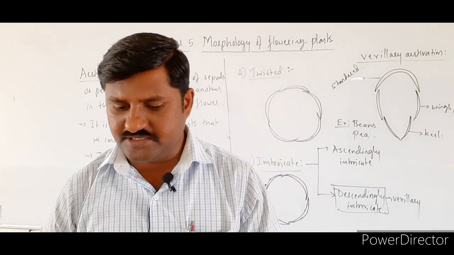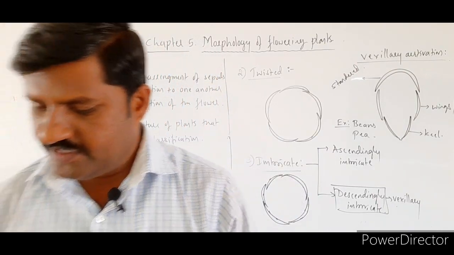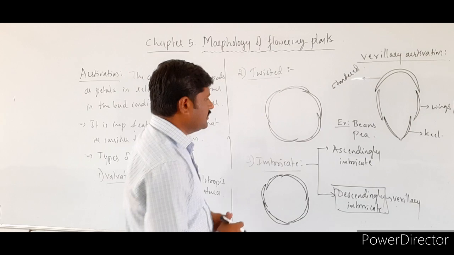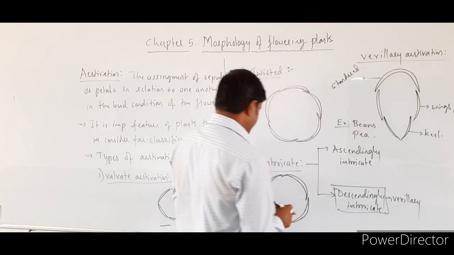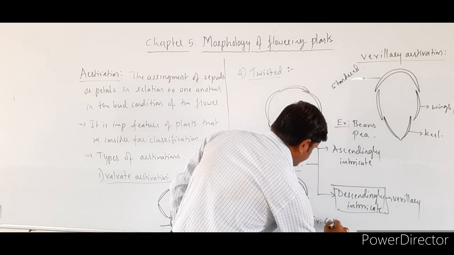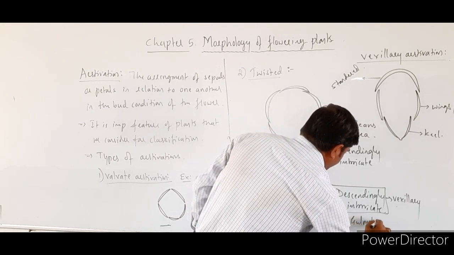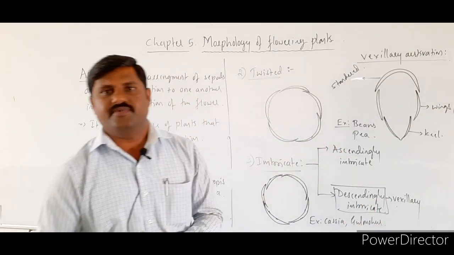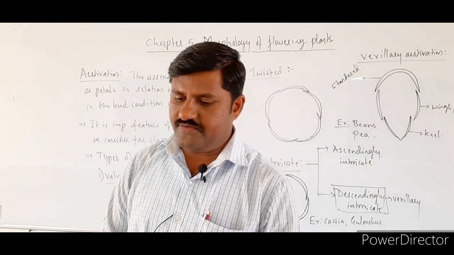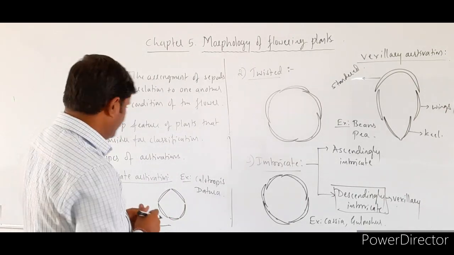Imbricate estivation is usually seen in cassia and gulmohar, which are the best examples for this one. And even for twisted estivation, many examples we can give over here.